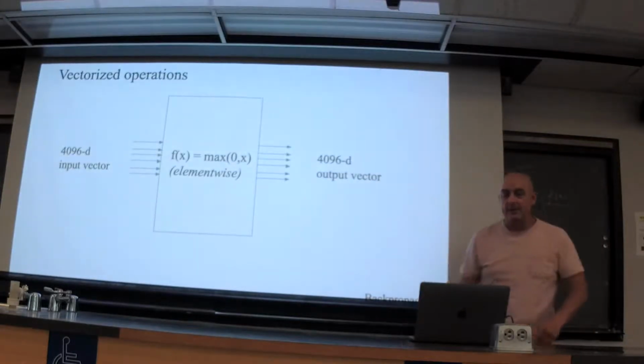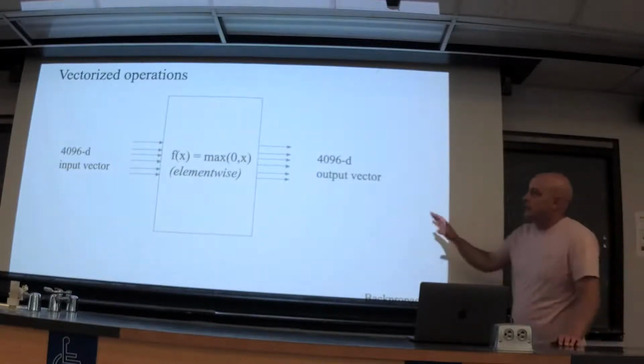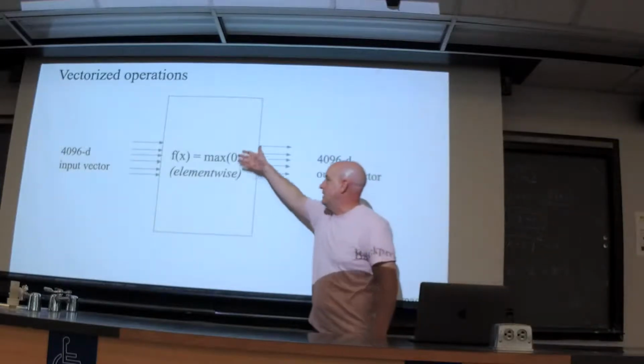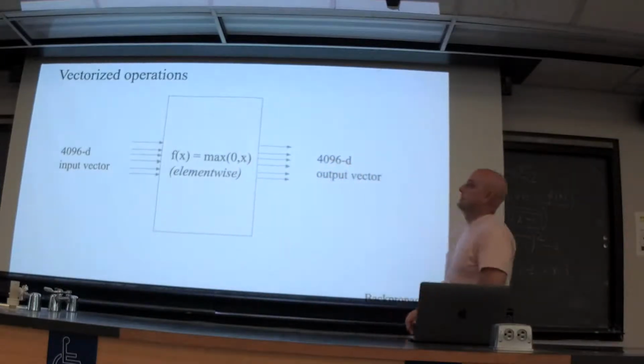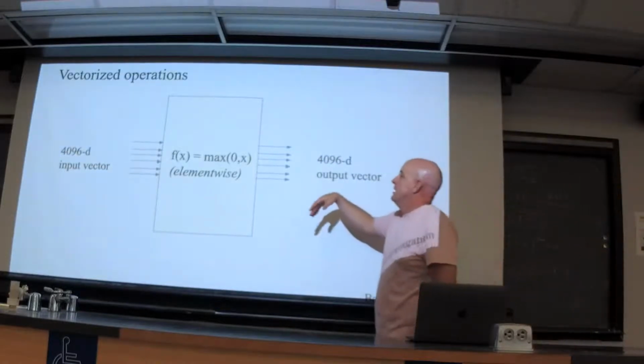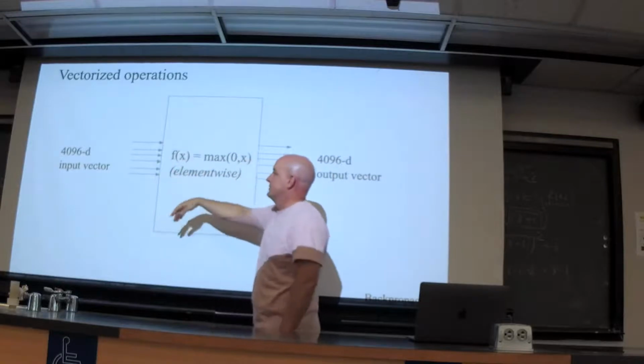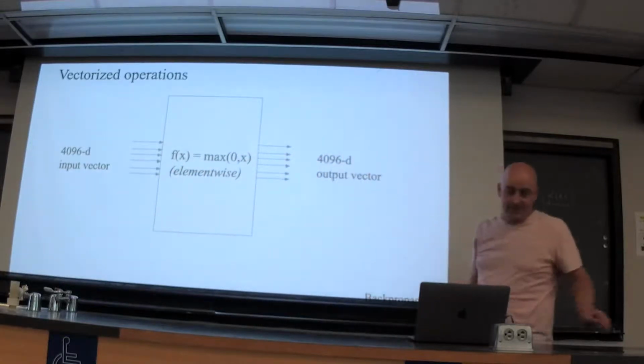Right, cool. So let's think about vectorized operations. This will happen a lot. If you're doing your homework, which you should already be doing, you would have already run into this. Vectorized operations here will be a lot of element-wise operations, where we'll be applying this max function to each of the inputs of this multidimensional vector, in this case 4096.